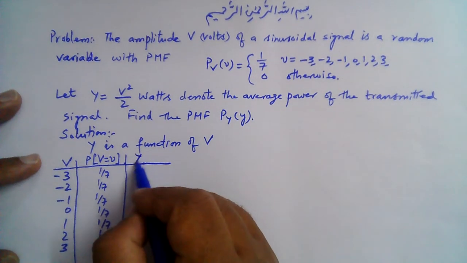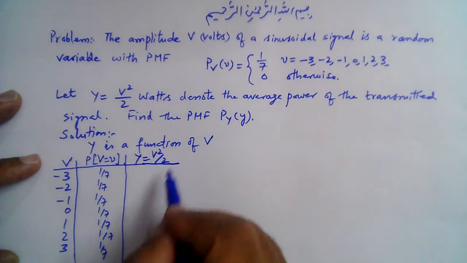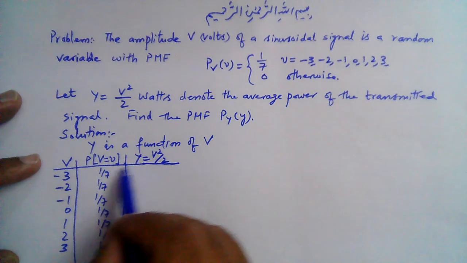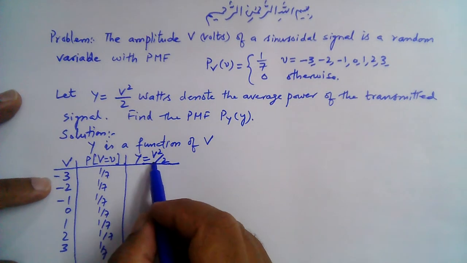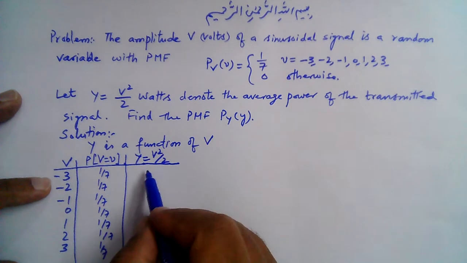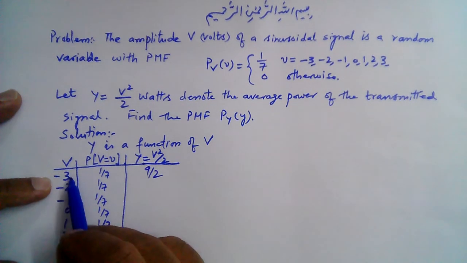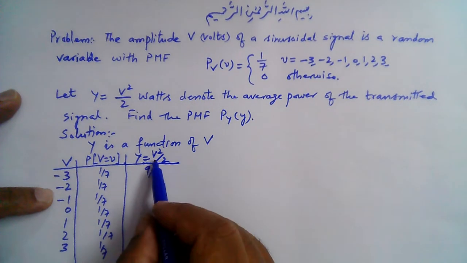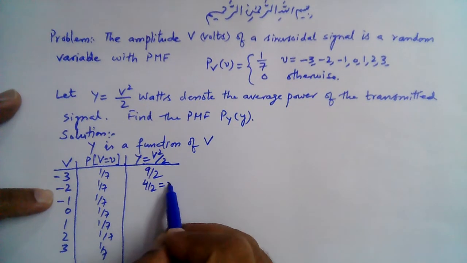And next let's find the value of Y, which is V squared over 2. When V is equal to -3, Y is equal to V squared over 2, so that should be 9 over 2. Then V is equal to -2, so this is 4 over 2, which is equal to 2.